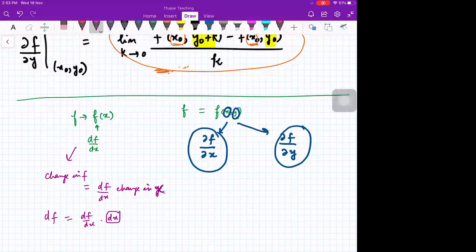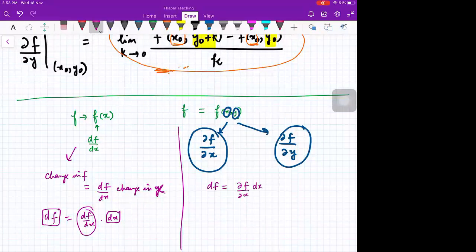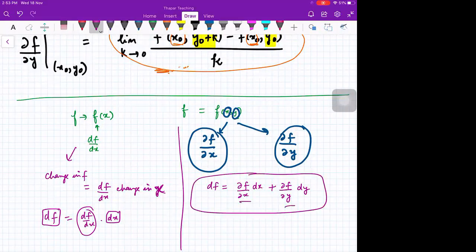Here, what you will get is that change in f is the partial derivative of f with respect to x into change in x plus the partial derivative of f with respect to y into change in y. So this is how the change is related to the partial derivatives. And in case of a single input variable, you just call that the derivative. Is that thing clear now?